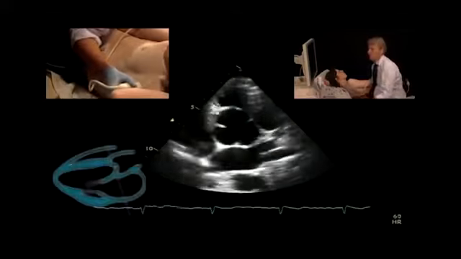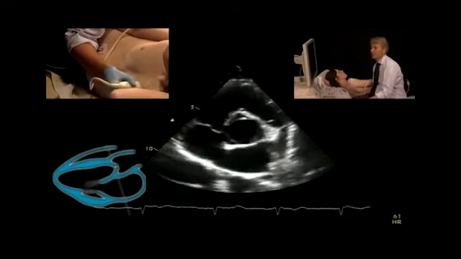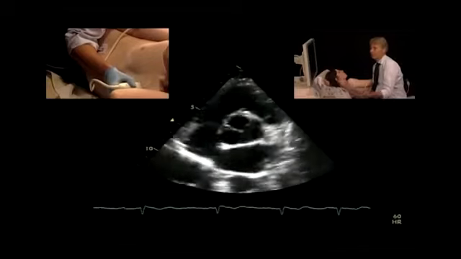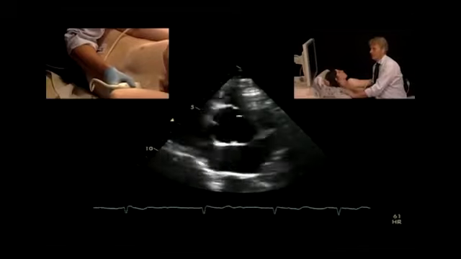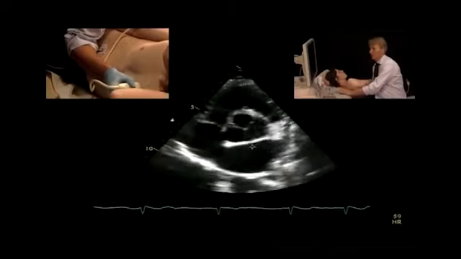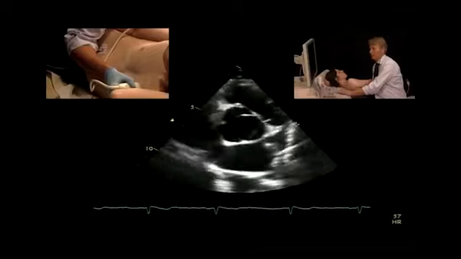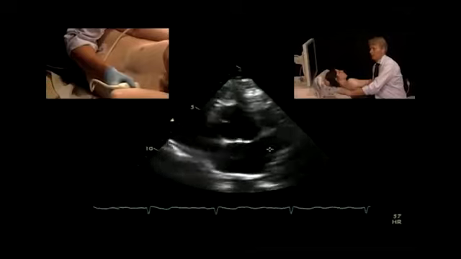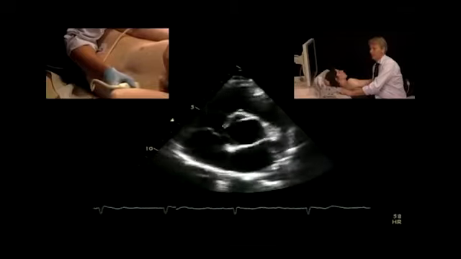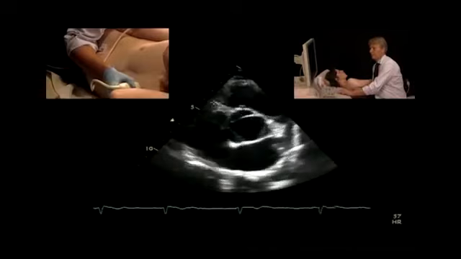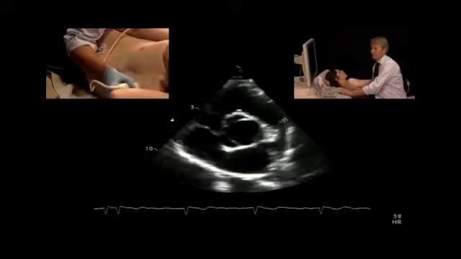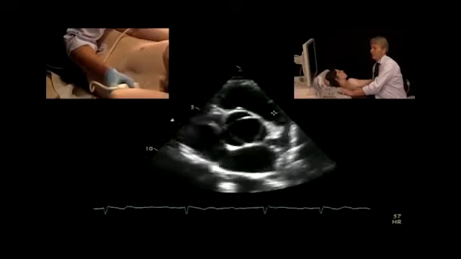We can cut the short axis at different levels. This would be the level of the base of the heart, where we can see the aortic valve. We can see, this is the aortic valve, we can see the left atrium, in this case with left atrial appendage, the interatrial septum, the right atrium, the tricuspid valve, the right ventricle, and the right ventricular outflow tract with the pulmonic valve.